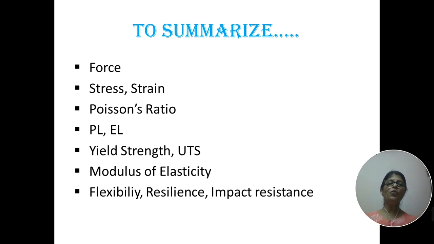Then we have seen proportional limit, the limit to which the stress and strain are proportional to each other, and the elastic limit. Then we have seen yield strength, ultimate tensile strength, modulus of elasticity, flexibility, resilience, and impact resistance.